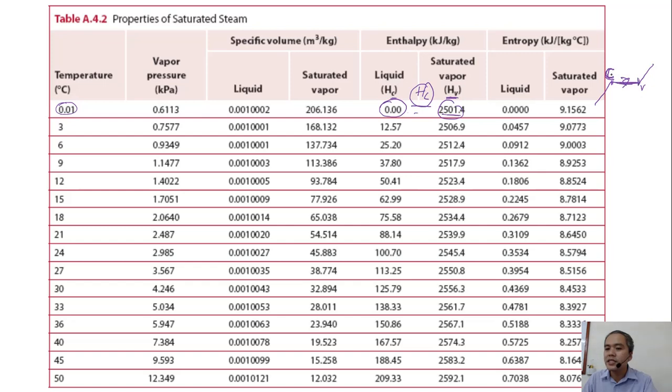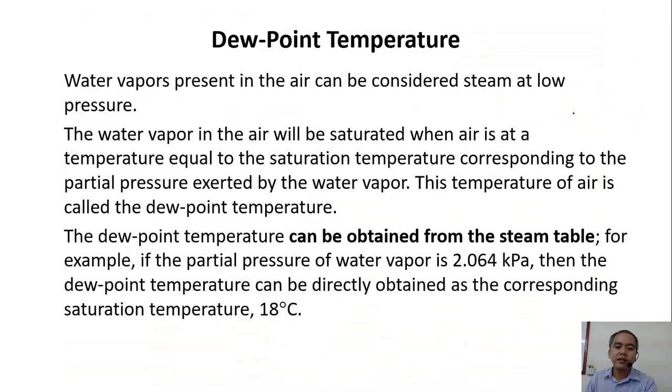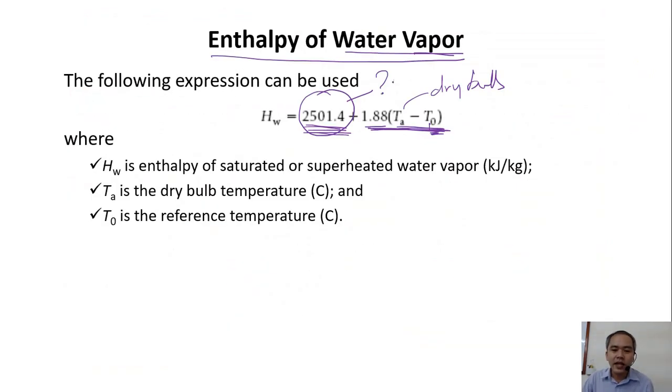So they put here C. And HC is the enthalpy at this point. HV is the enthalpy at this point. And now you need to calculate the HL, the enthalpy for evaporation. You take this one, subtract that one, you obtain this. Okay, I will go back. So this is actually the HL, the latent heat for evaporation at 0 degrees C.